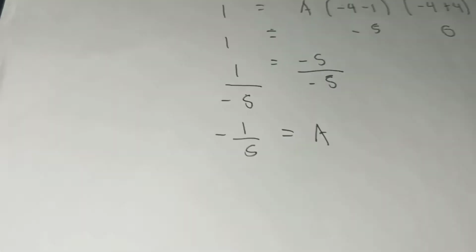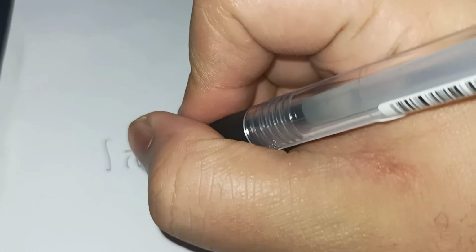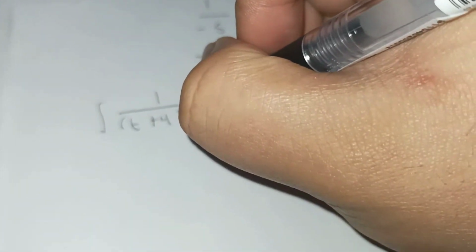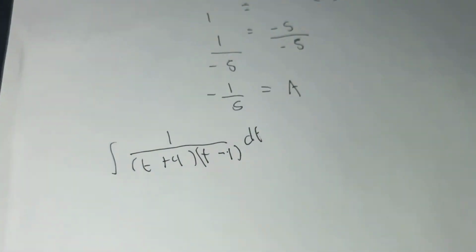And I just copied the original problem, which is 1 over (t plus 4)(t minus 1) dt.